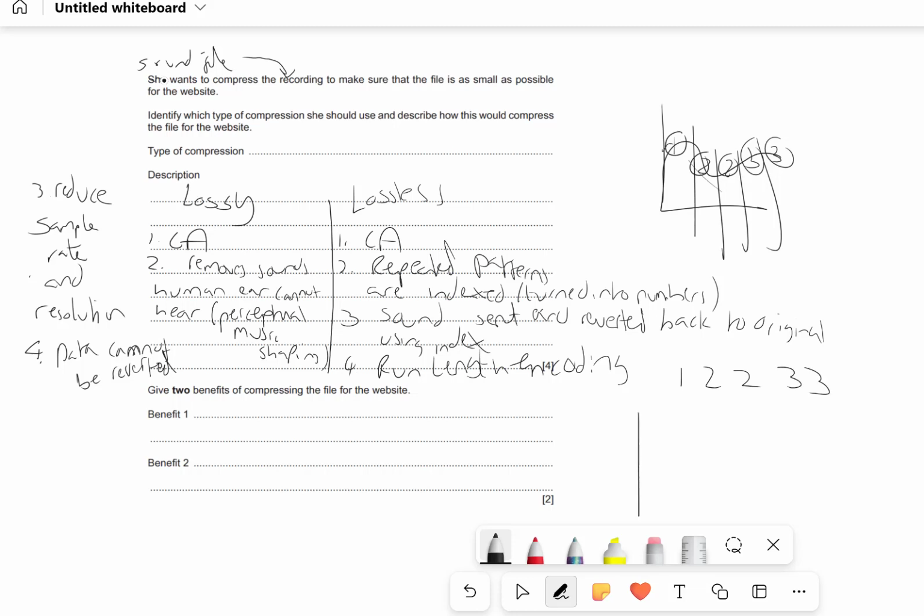It will have a table with 1 being this sound wave, 2 being this sound wave, 3 being this sound wave, and it's able to take these numbers and replace them with the sound waves, reverting back to the original once it's been sent. So someone gets it like this, which is a tiny file size. When they uncompress or decompress it, we'll use the word uncompress, it reverts back to the original, so it'll be back to this again.